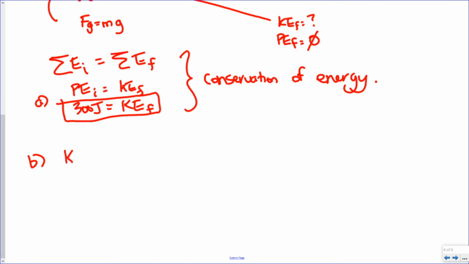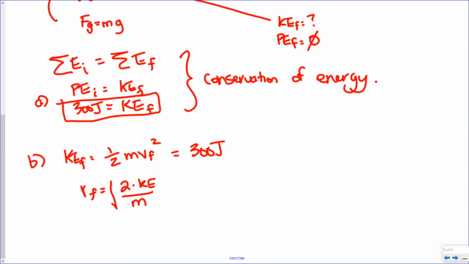We know that KEf is equal to 1/2 m vf squared. And we know a lot of this stuff, right? We know that this equals 300 joules. So if I just rearrange this for Vf, Vf equals the square root of 2 times the kinetic energy divided by the mass.